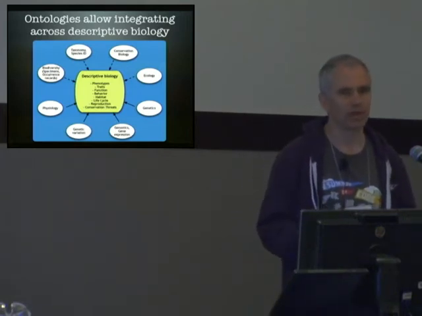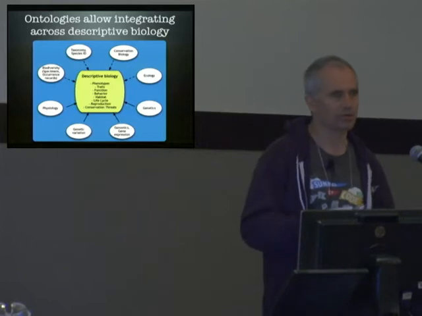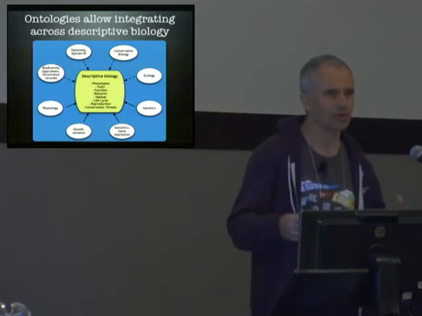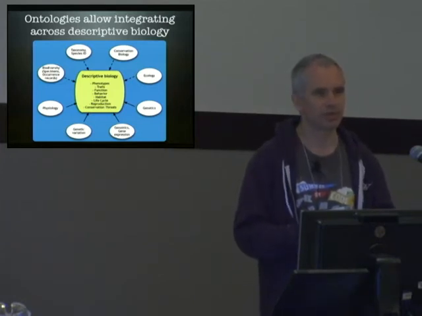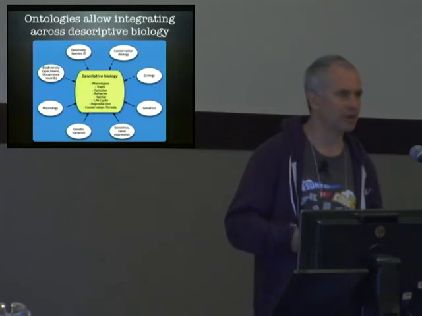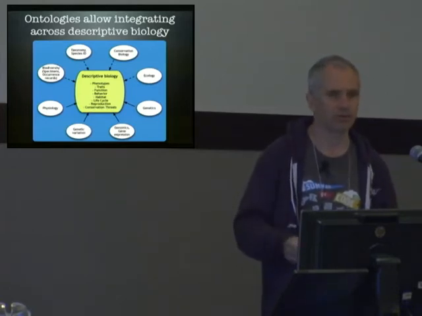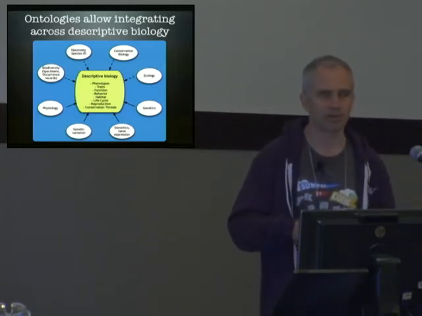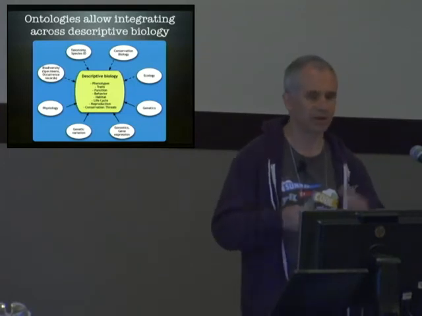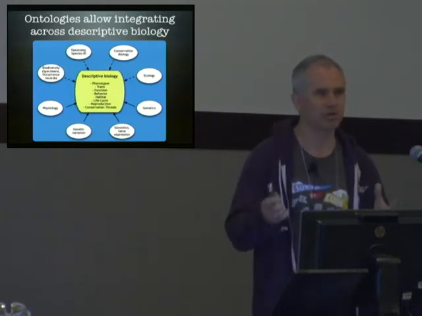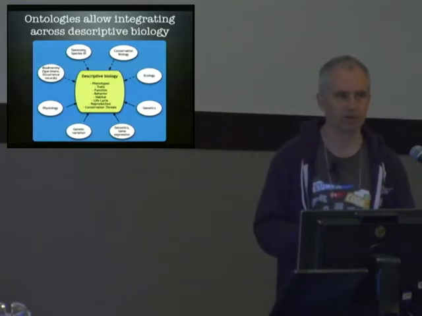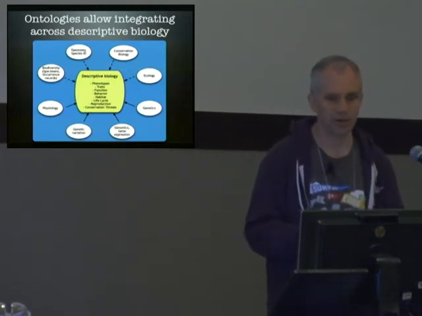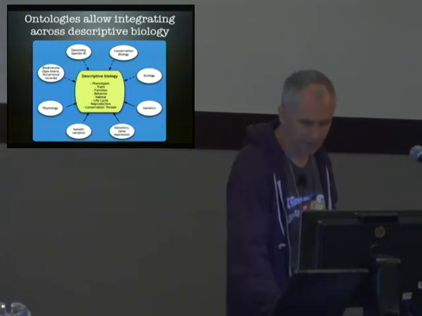And so it's a real challenge to integrate descriptive observations across fields and across studies, due to the problems inherent in free text and natural language, such as homonymy, synonymy, and so on. And so ontologies, again, have been shown to be particularly powerful at making semantics that's buried in free text amenable to computational data mining.